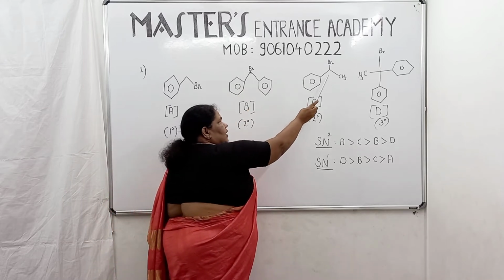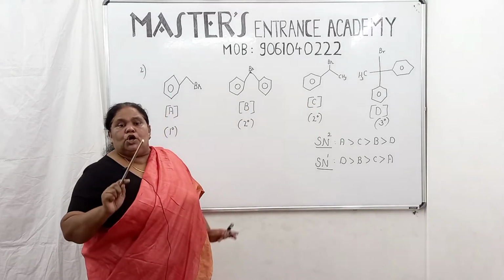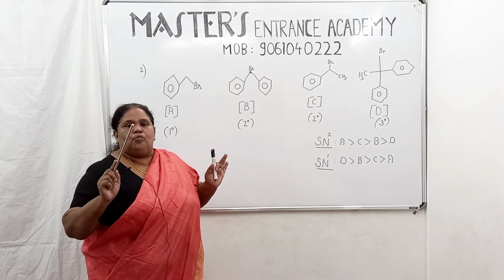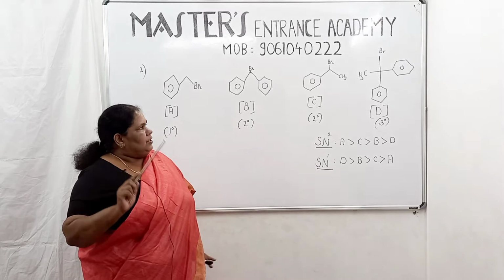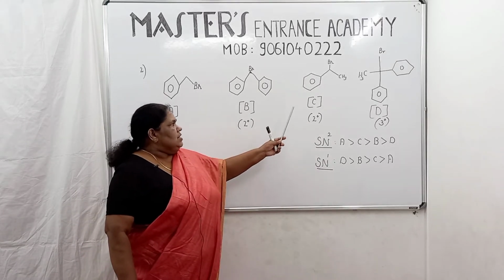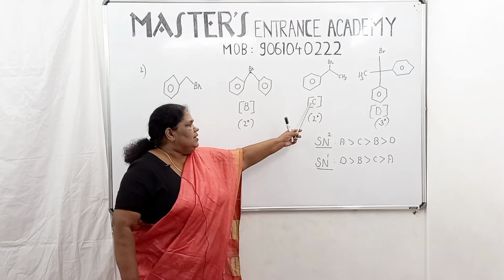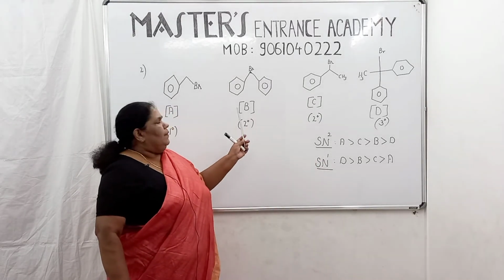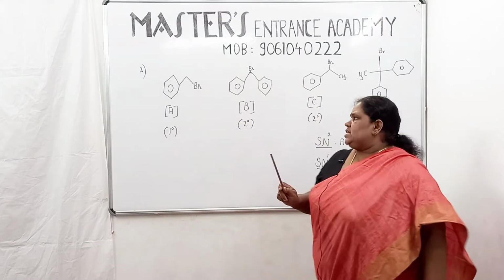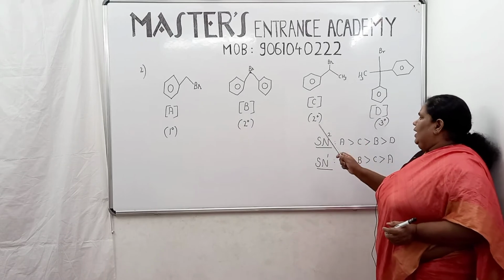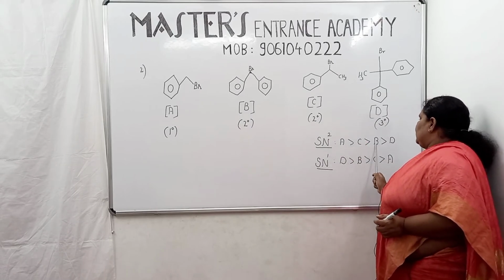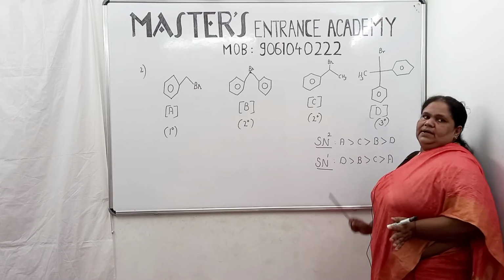Here the steric hindrance is less. Rule says that less the steric hindrance, more the reactivity. So among these two, B and C, C has less steric hindrance. C comes first, then B. So the final order for SN2 reaction is A greater than C, greater than B, greater than D.